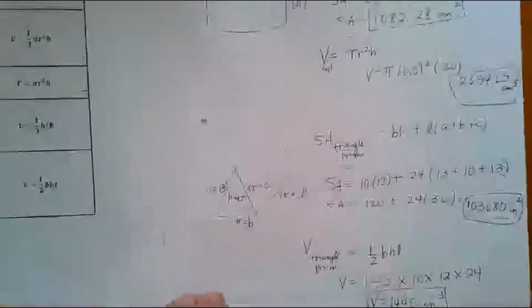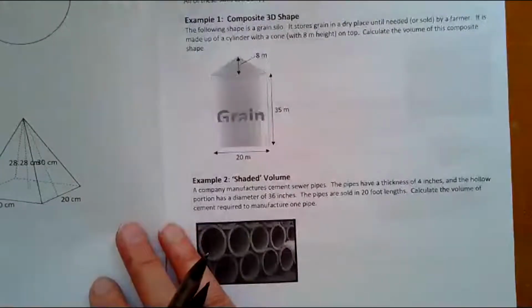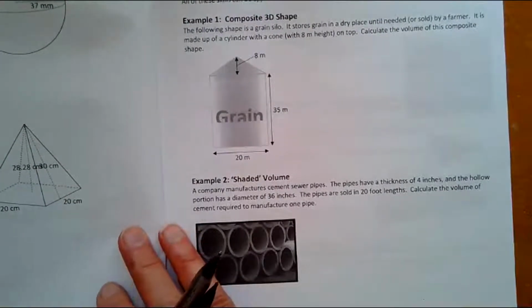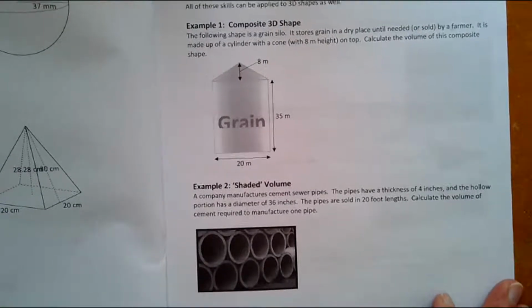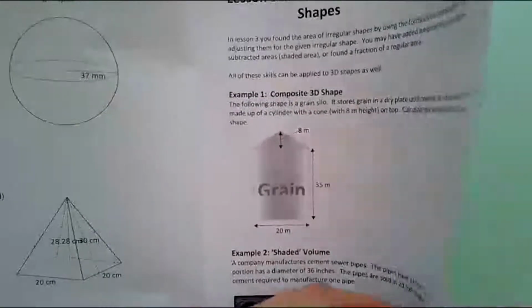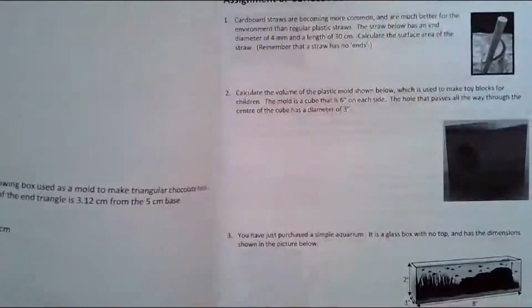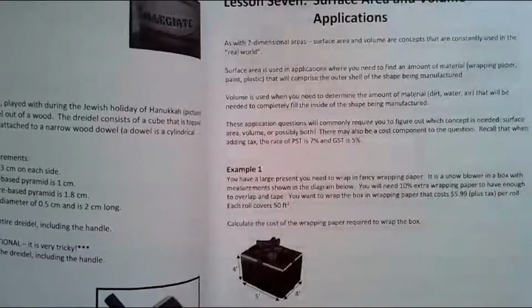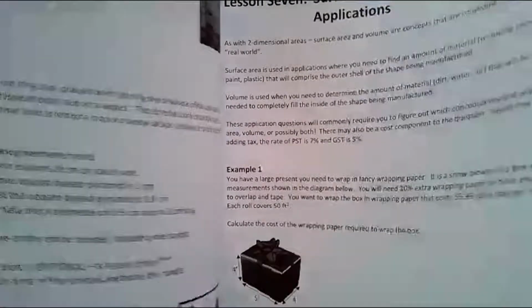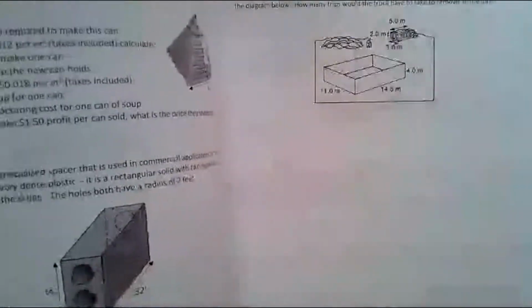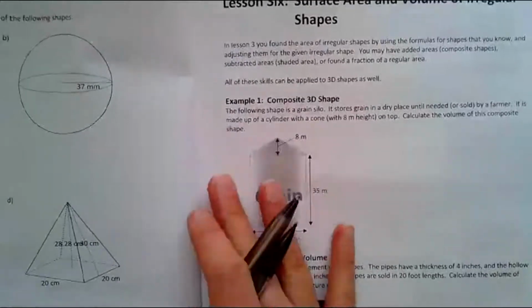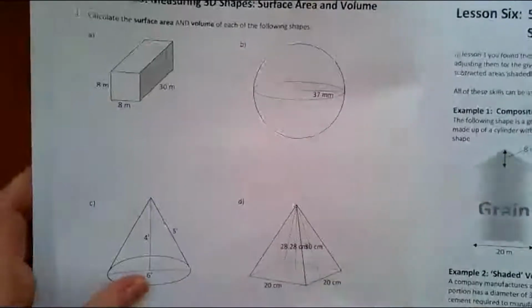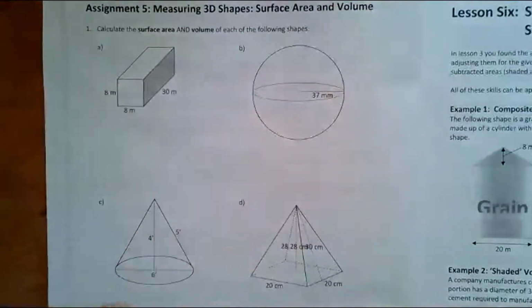So that's a lot of practice for you. What I'd like you to do is work on the assignment, and I'll write the answers down for assignment 5 before class is over. And then lesson 6 is going to be the big one, right? It's going to take us a bit of time because it's applications, and it starts with irregular stuff, and then we move to applications. So it gets a little trickier later on. You really have to think. So let's take some time, work on assignment 5.